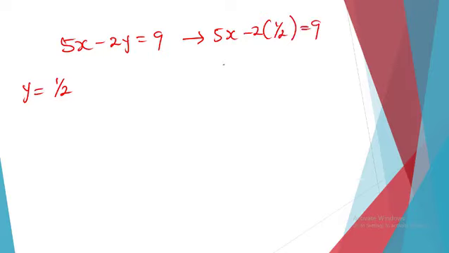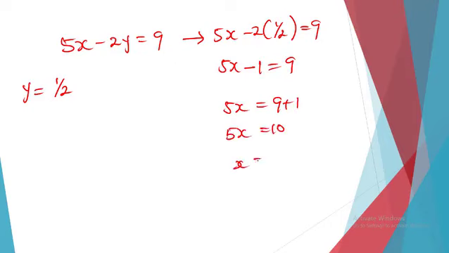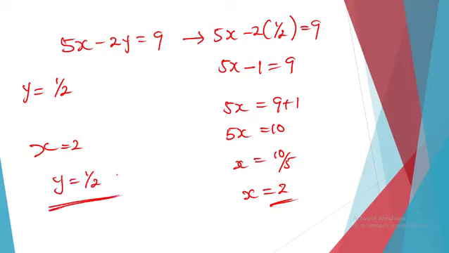Therefore 5x minus 2 times half will give us 1 equals 9. So 5x is equal to 9 plus 1, 5x is equal to 10, and x is equal to 10 over 5, so x is equal to 2. Our x is 2 and our y is half. These are the values of x and y.